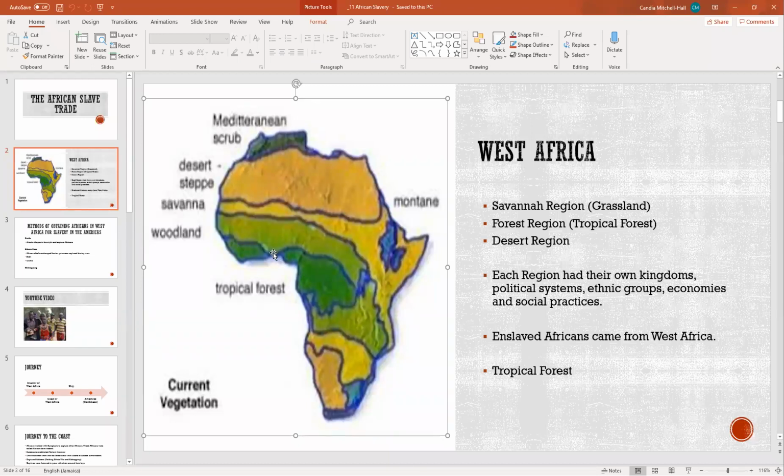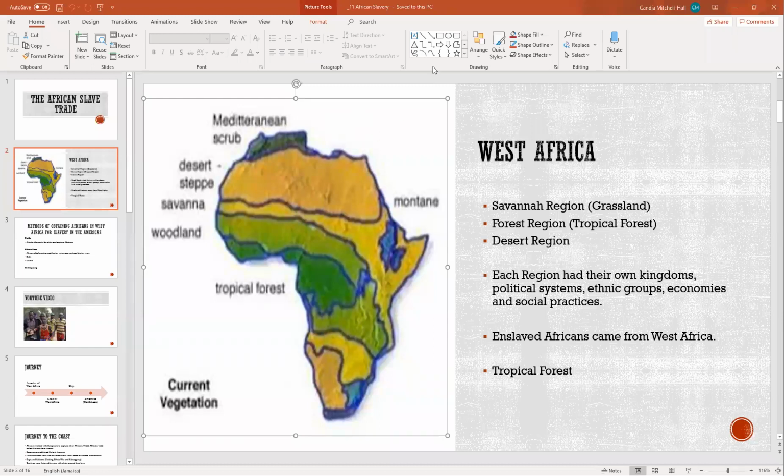The tropical forest area. So we know Africa is divided into several different vegetations, but Africa is also divided based on the cardinal directions.